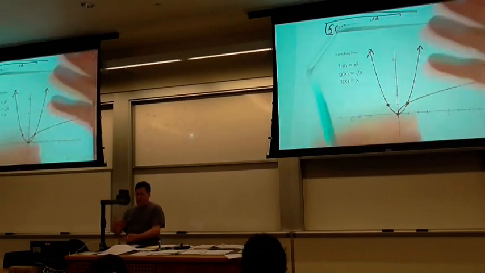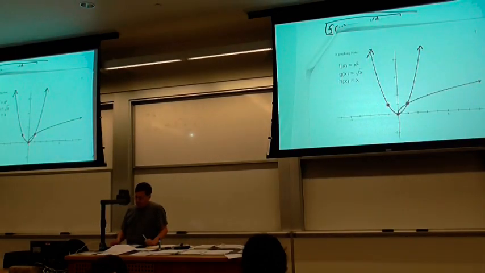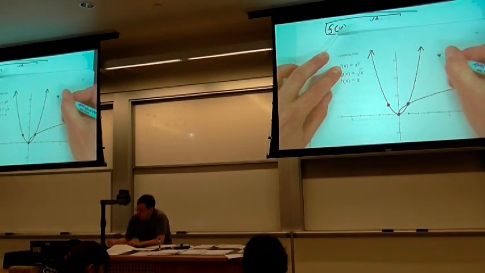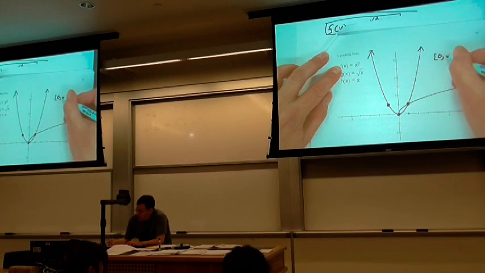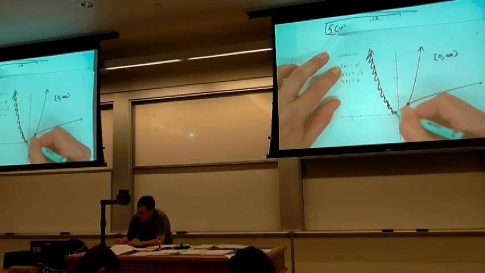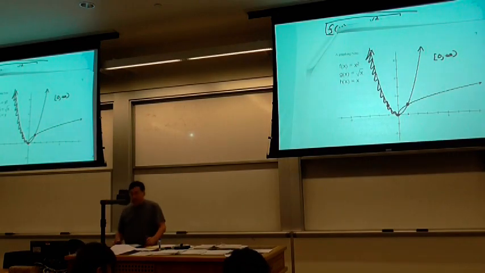So if I were to look at the inverse relation, it's not a function, because now I have 1 has to go to 1 and minus 1. So I'm going to fix this by restricting my domain of x squared to just 0 to infinity. So I get rid of this branch of the parabola, and now I can have an inverse.